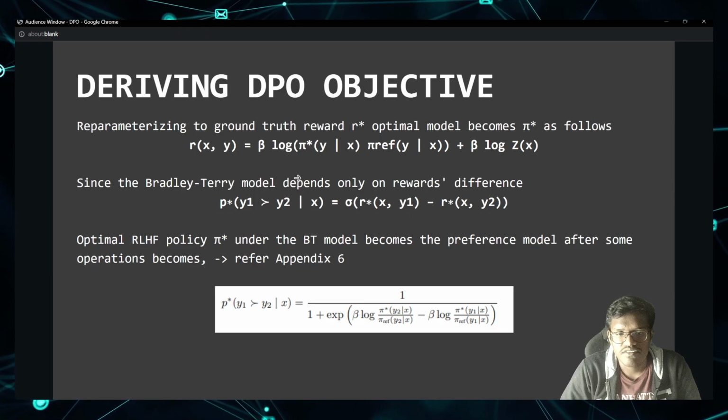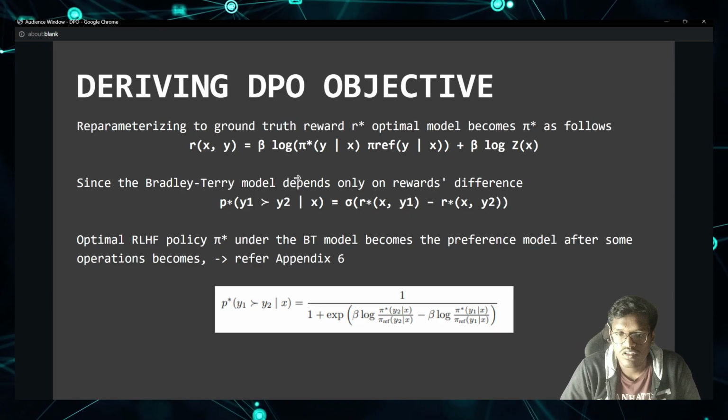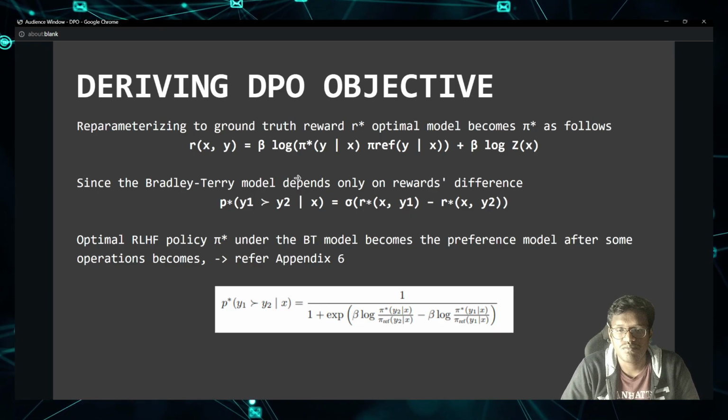Now we have a preference distribution for the reward function, in terms of r star, as in the previous equation.